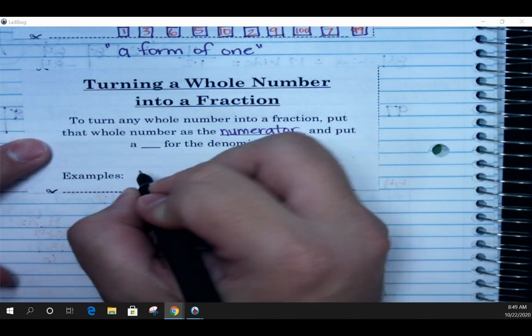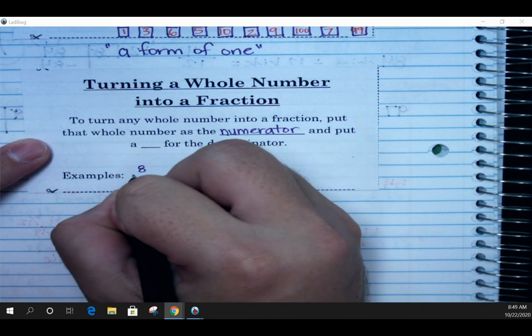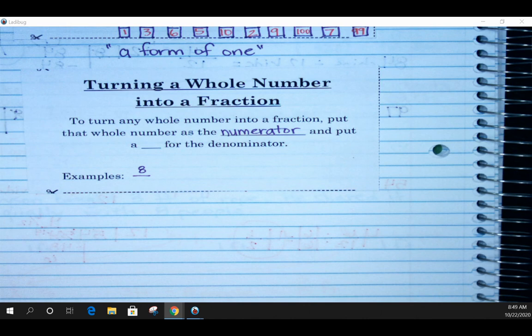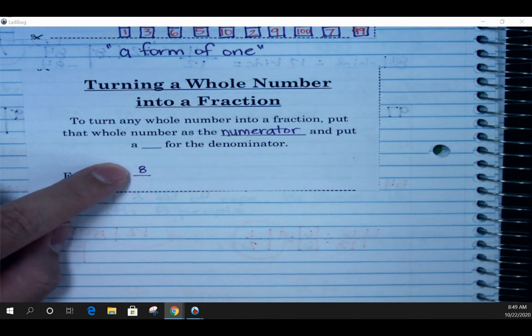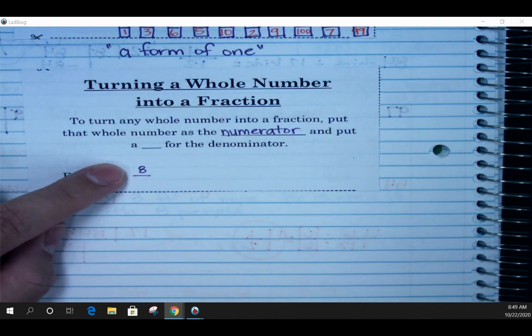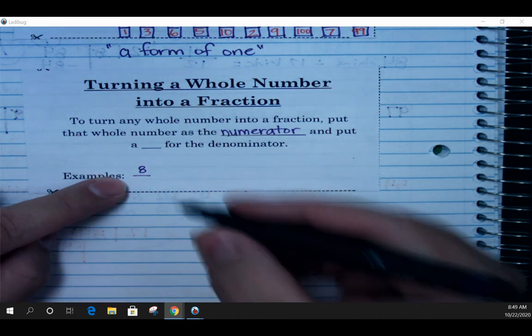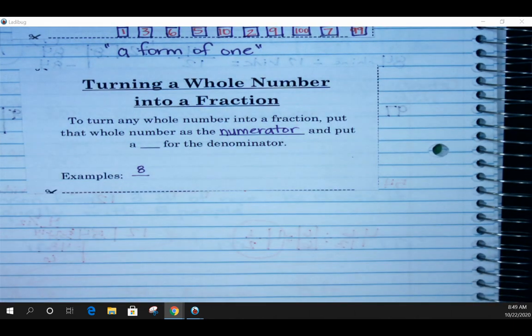If I want to turn 8 into a fraction, I would make it be 8 over, what? I want the answer to be 8. It's 8, and I want it to be a fraction. Remember, that middle line means divided by. 8 divided by what equals 8?